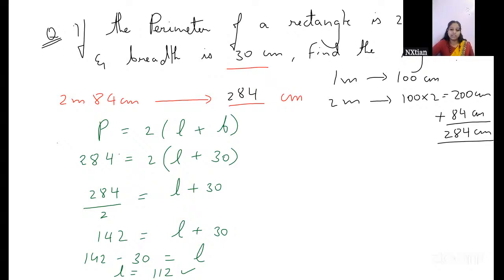Any doubt in this question? No, ma'am. Yes, Abraham. Ma'am, when you got the meter, why did you not use the area and why did you not just do it normally, multiplying it and then dividing by 2?